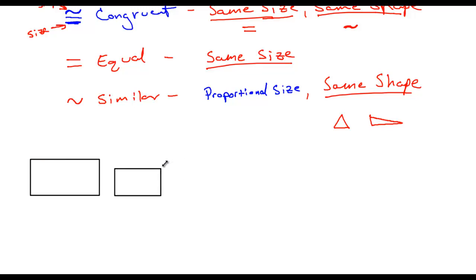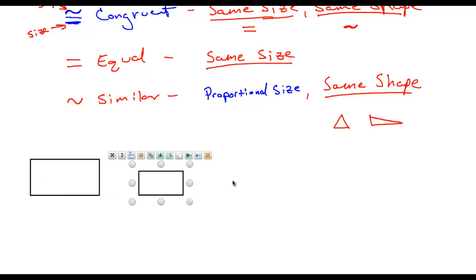I'm going to shrink it down. So it's still the same rectangle, I just shrunk it. Okay. And let's say that this rectangle's side length is 4 and this is 8. And then this rectangle is 3 and this side is 6.